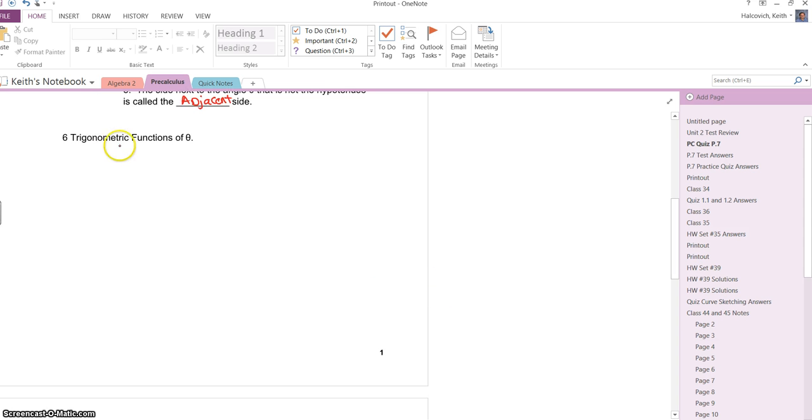All right, so there are six trigonometric functions of theta, and these are ratios. There's what's called the sine, abbreviated SIN, and that is the opposite side over the hypotenuse.